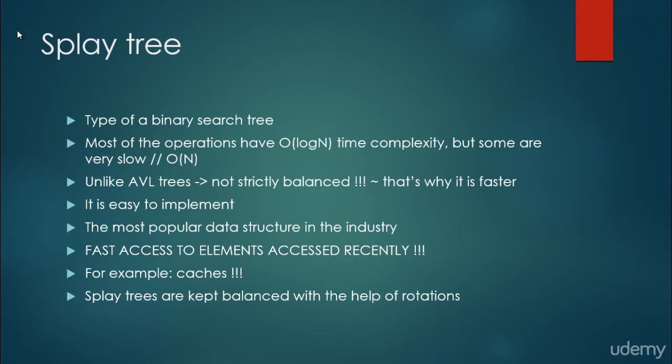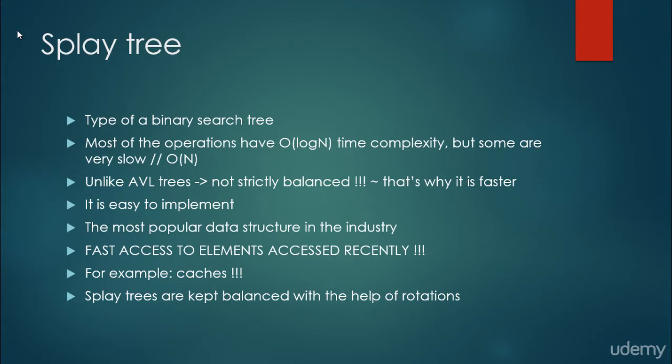And the Splay tree is a very popular data structure in the industry. It is a kind of binary search tree. Most of the operations have logarithmic time complexity, as for AVL trees or red-black trees, but some are very slow, even linear time complexity.